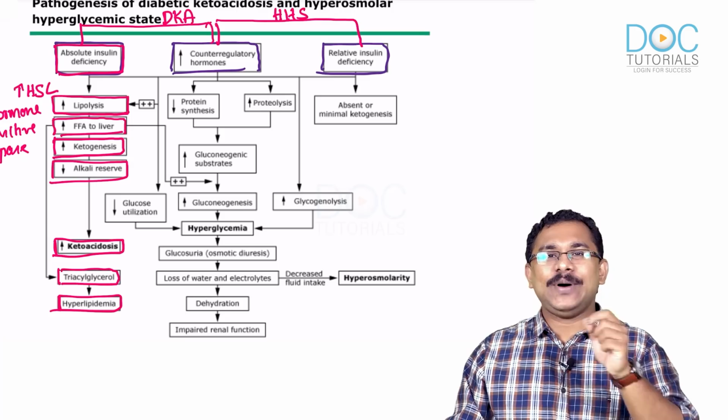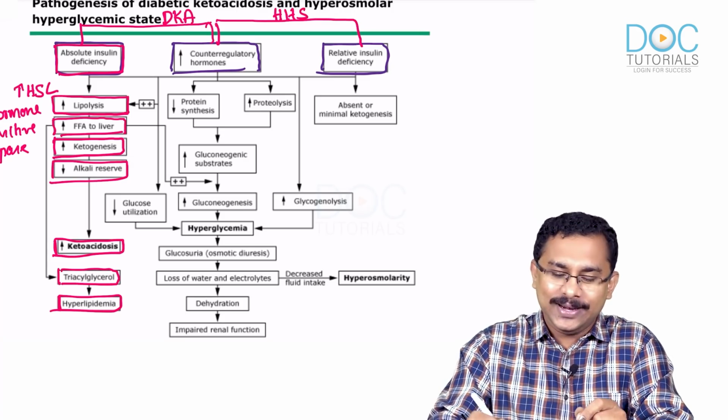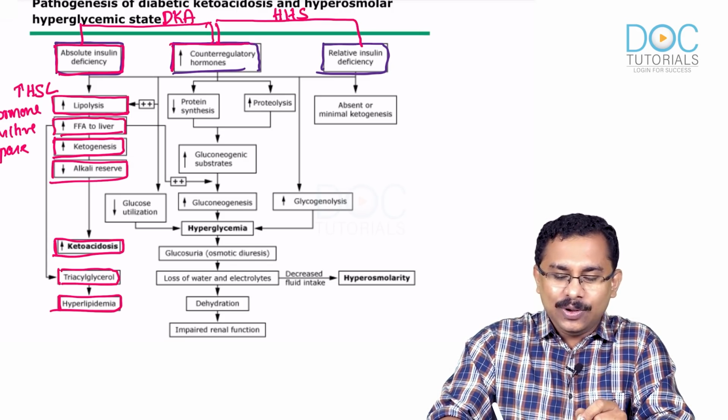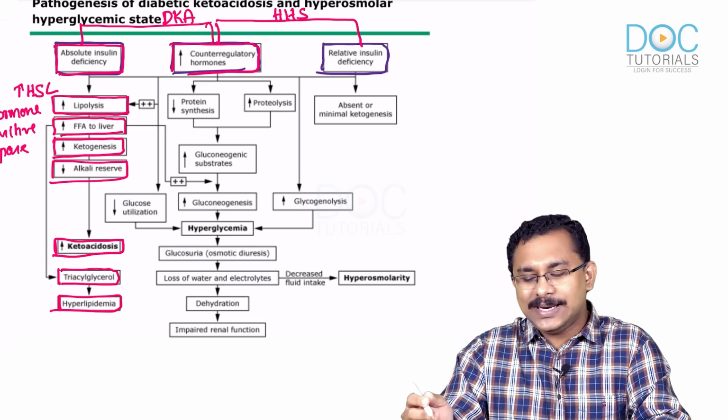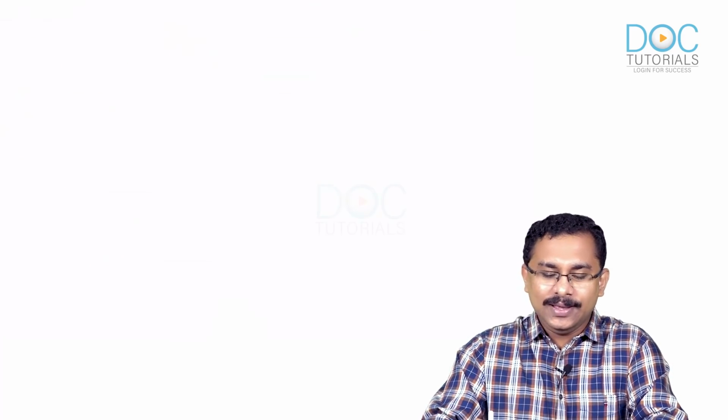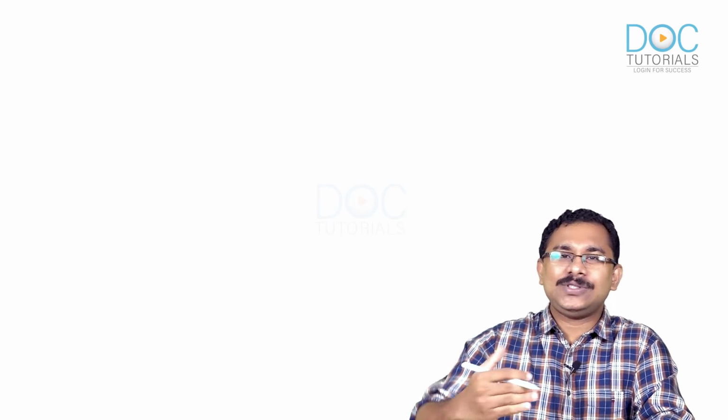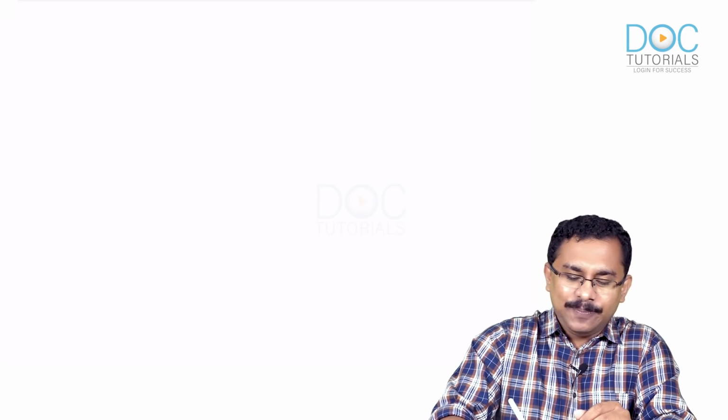Now let's see about the counter-regulatory hormones. We have discussed in a previous module that the level of counter-regulatory hormones increases when there is a demand. But my question here is, the patient is having a hyperglycemic state.